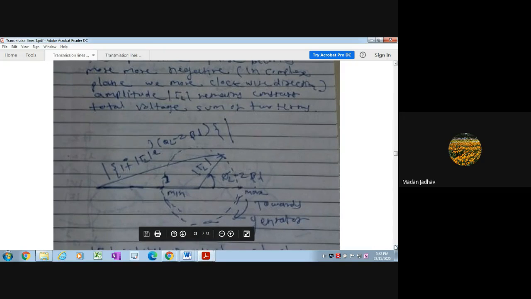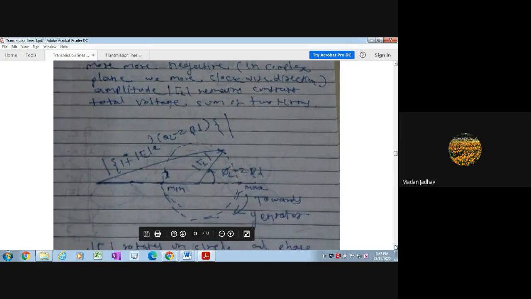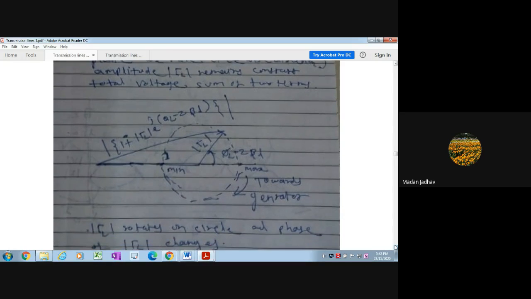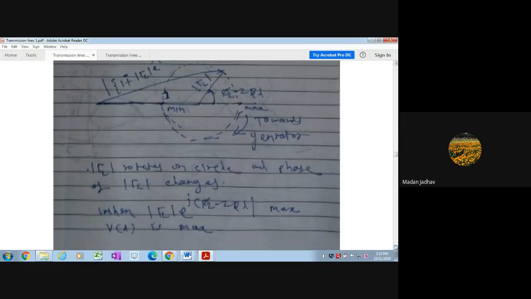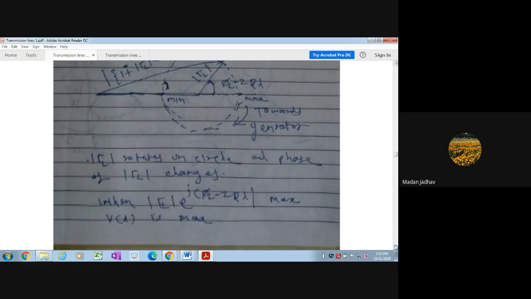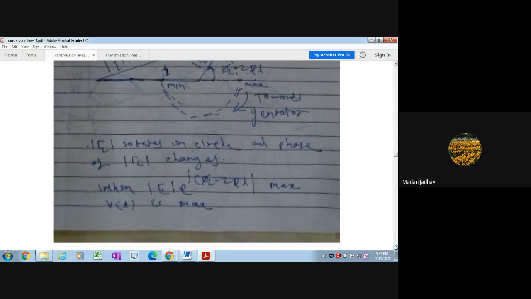At the same time, you will get the maximum current and minimum current. But actually, when you get the maximum voltage, you get the minimum current, and when the current is minimum, voltage is maximum. Now this will happen along the transmission line.